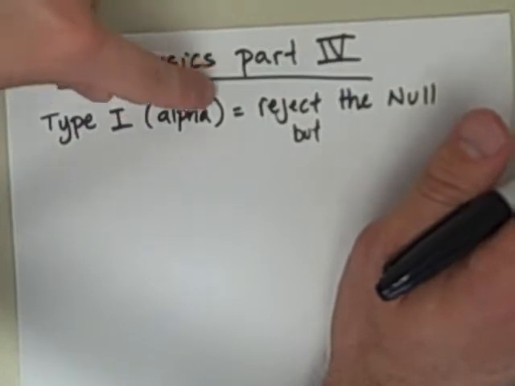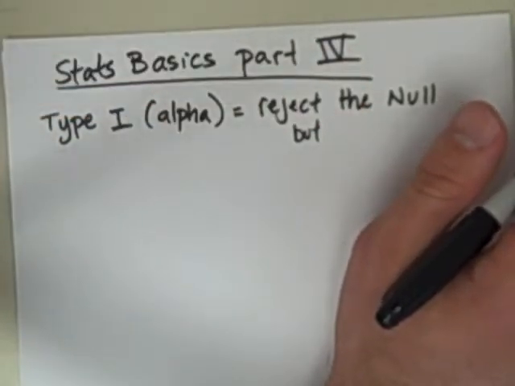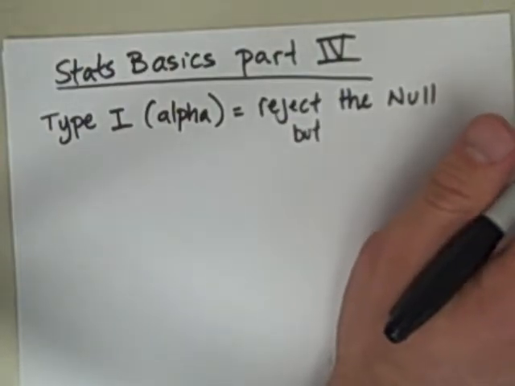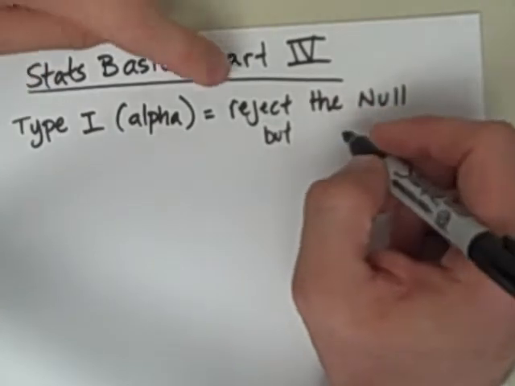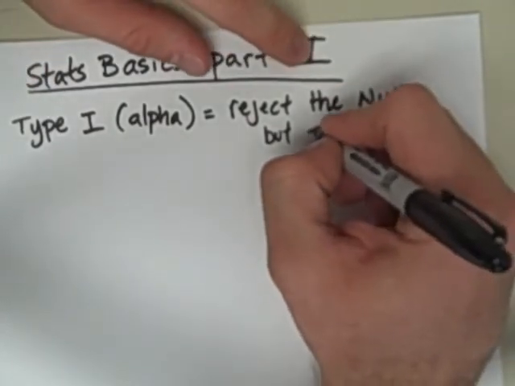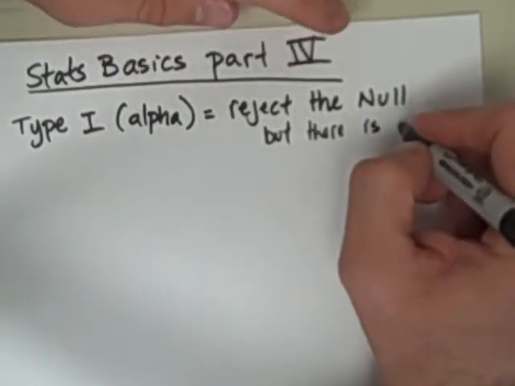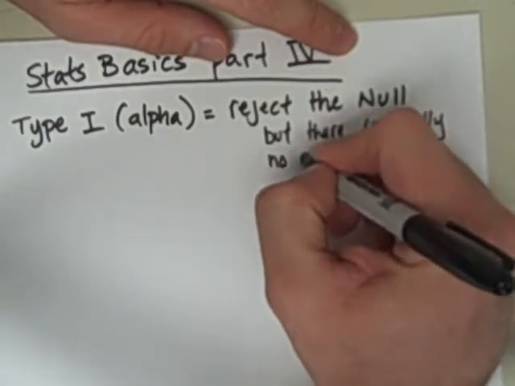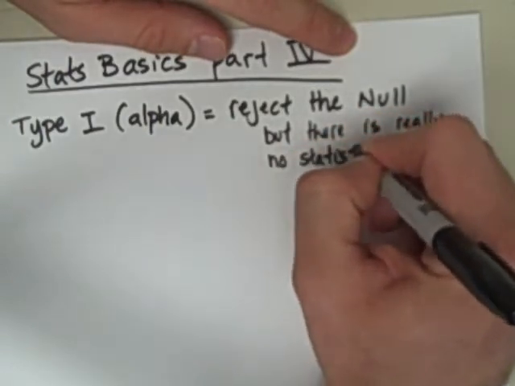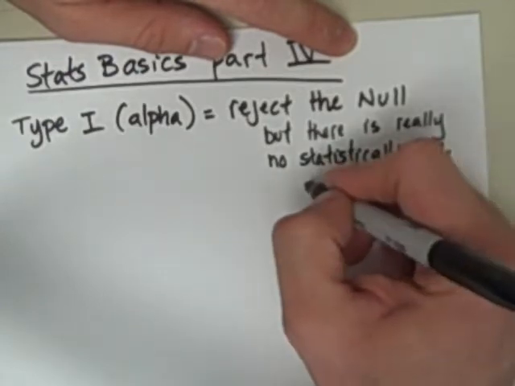A type 1 alpha error is when we reject that null and say there is a difference when really there isn't. So let me see if I can explain. I reject the null, but there is really no statistically significant difference.